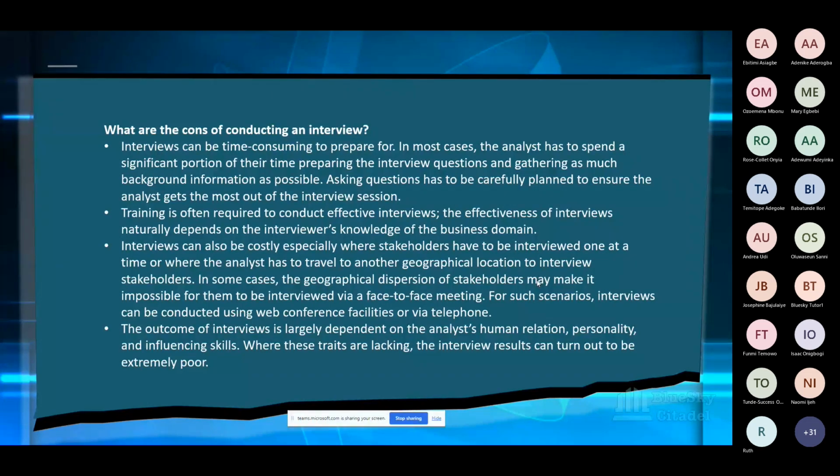The outcome of an interview is largely dependent on the analyst's human relation, personality, and influencing skills. Where these traits are lacking, the interview results can turn out to be extremely poor. That's very true, because if you don't have interpersonal skills, it's hard to conduct an interview because you might not get the most out of it.